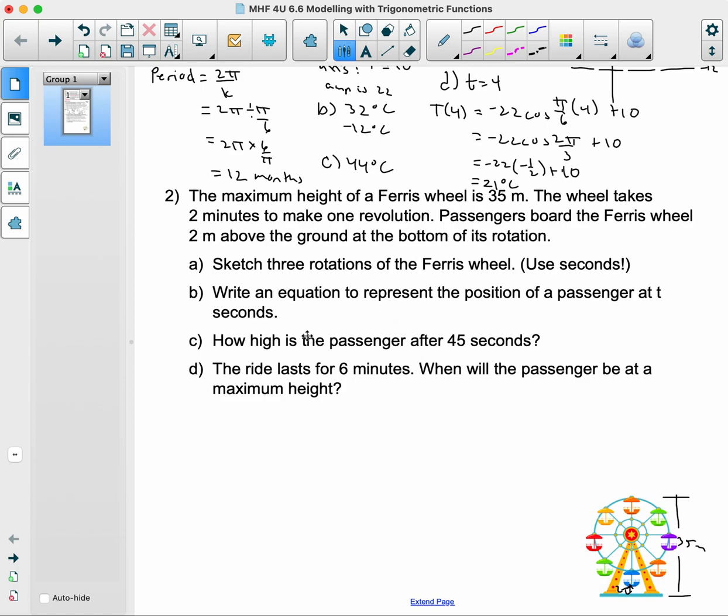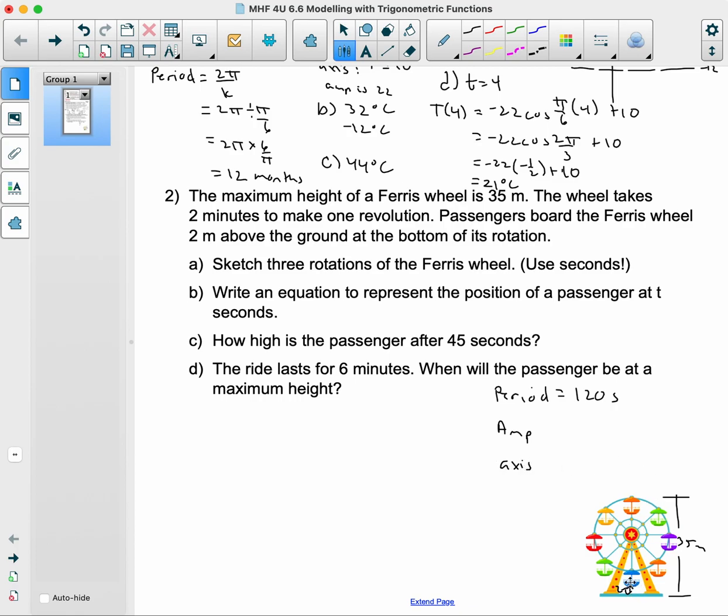And it's talking about minutes, says use seconds. Okay, so make sure that we actually break this thing down into seconds. So the wheel takes 2 minutes to make 1 revolution, so my period is going to be 120 seconds. My amplitude and my axis, we have to be careful about.